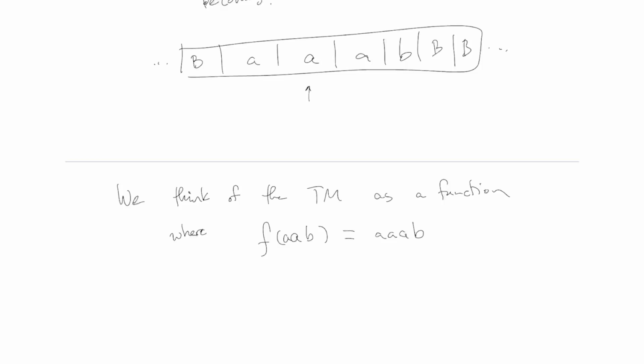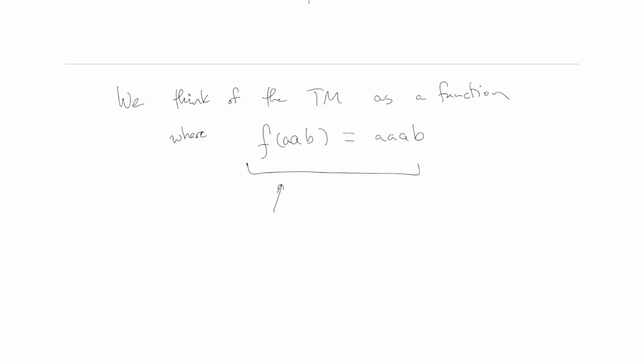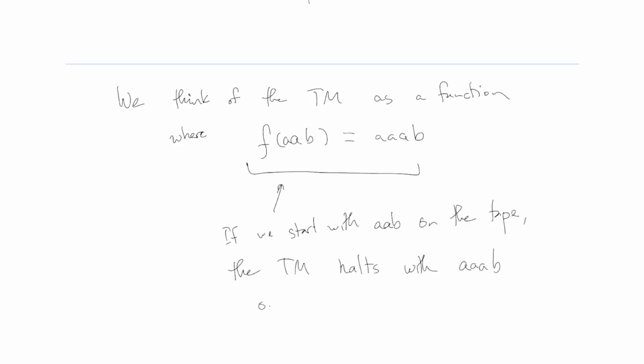So when I say this, what I mean is if we start the Turing machine with AAB on the tape, then the Turing machine does its thing. It does a bunch of steps. And I will say the Turing machine halts. That is, at some point it just stops with AAAB on the tape.